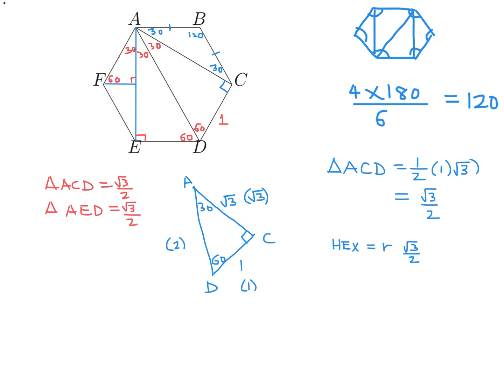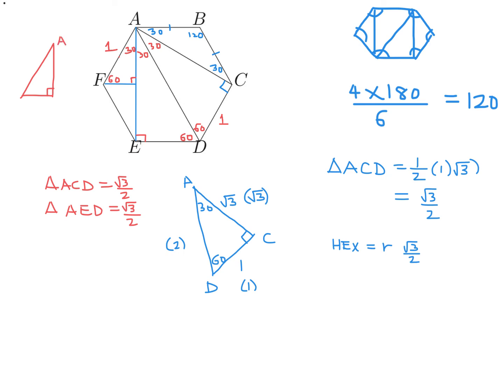And then now all we have to do is figure out the areas of this guy and this guy, but those two will be exactly the same because of the symmetry of the diagram. So this one should be pretty easy. All I have to do is just get the dimensions. Well, AF, that side, is equal to 1. So again, I'll draw it on the side here to get the dimensions.